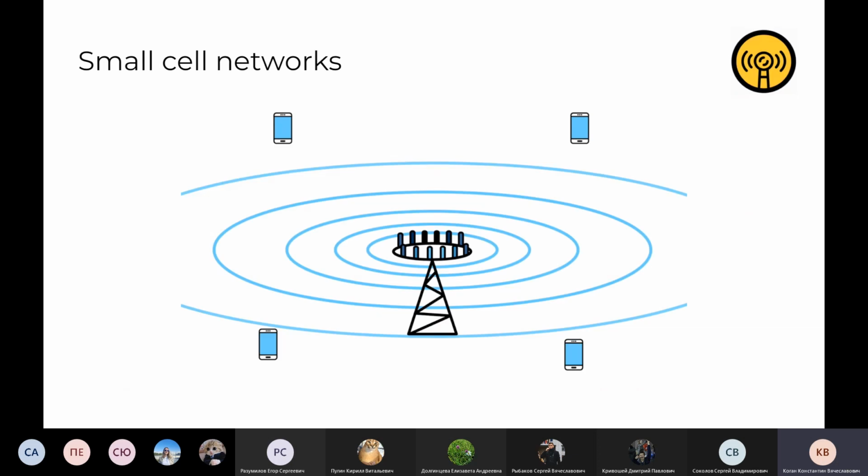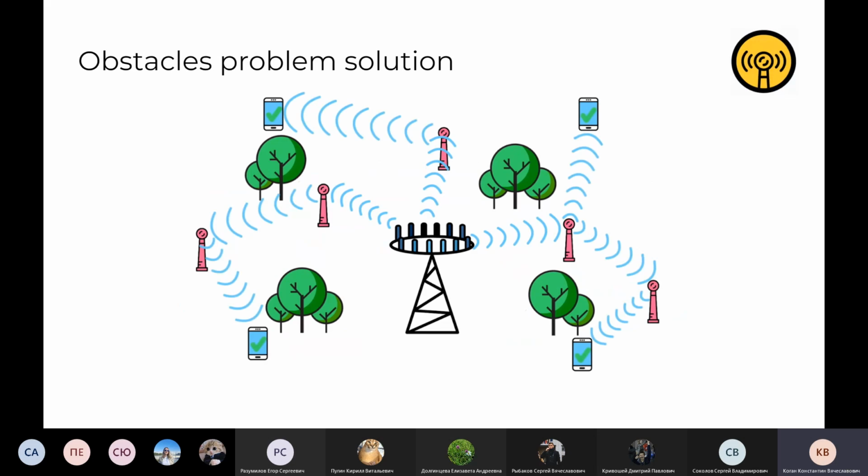Today's wireless networks rely on large high-powered cell towers to broadcast their signals over long distances. But remember, higher frequency millimeter waves have a harder time traveling through obstacles, which means if you move behind one, you lose your signal. Small cell networks would solve this problem using thousands of low power mini base stations.